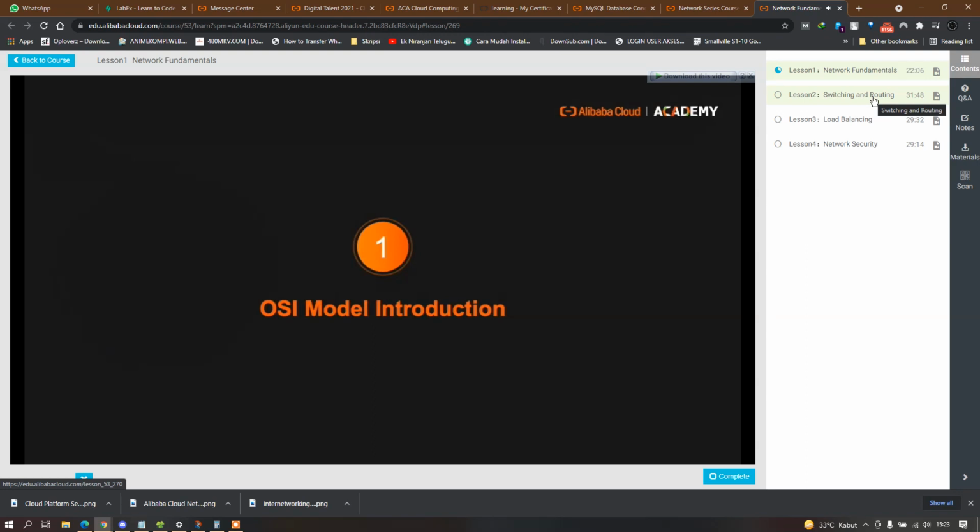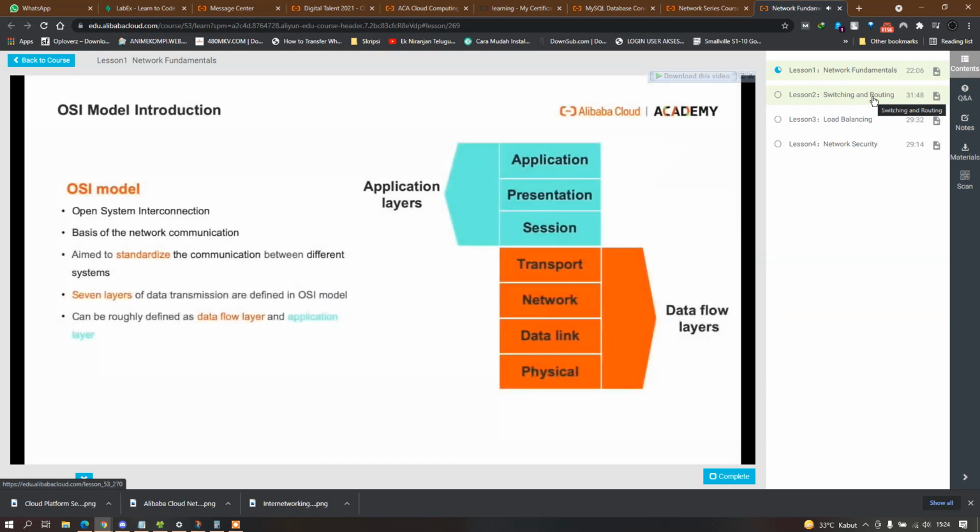Before we learn about networks, the first thing we should know is the OSI model. So let's go into the first section and learn about what the OSI model is. The full name of OSI is Open System Interconnection, and the OSI model is the basis of network connection in the current time.